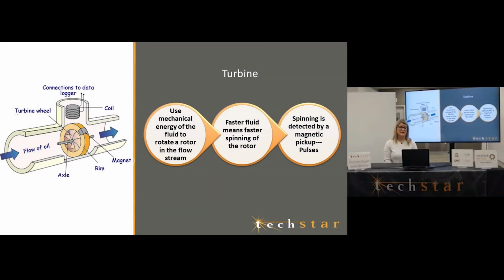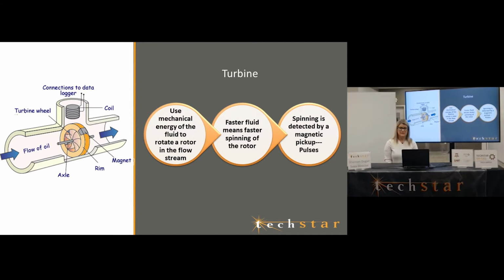Turbine meters use the mechanical energy of the fluid in order to make the flow measurement. Inside the pipe, there will be a pinwheel, much like what is pictured on the screen behind me, that will rotate faster as the flow of the fluid goes faster. If you have low flow, the pinwheel will rotate, but simply not as fast.